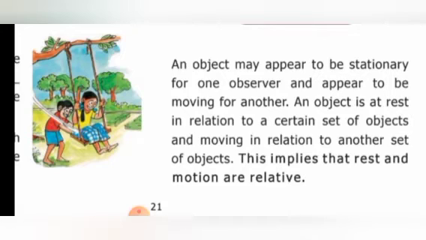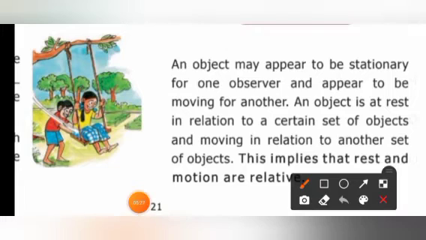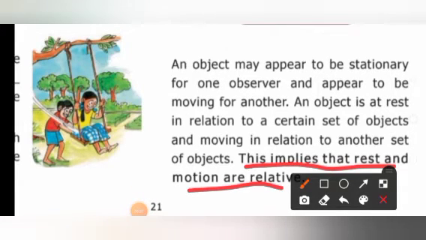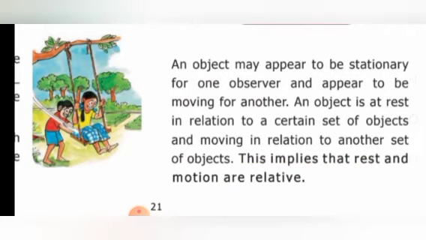This implies that rest and motion are relative. Relative in the sense they have connection between them. Okay, children. So, from all these examples, we conclude that rest and motion are relative. They get connected with each other. Is it clear, children?